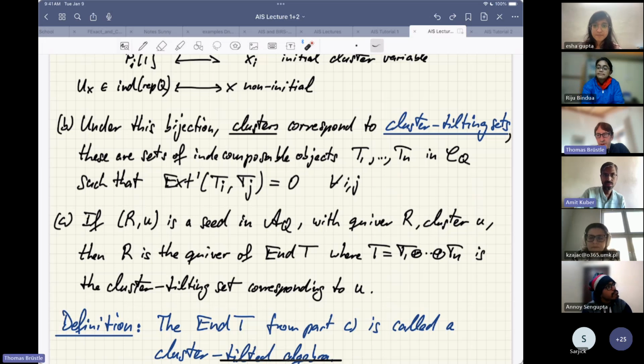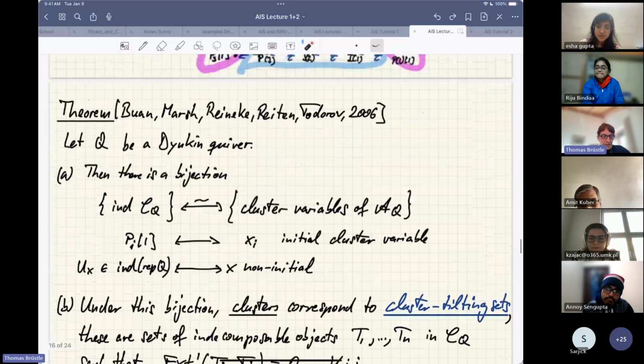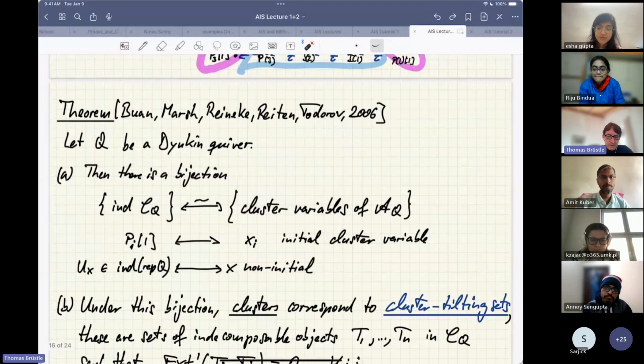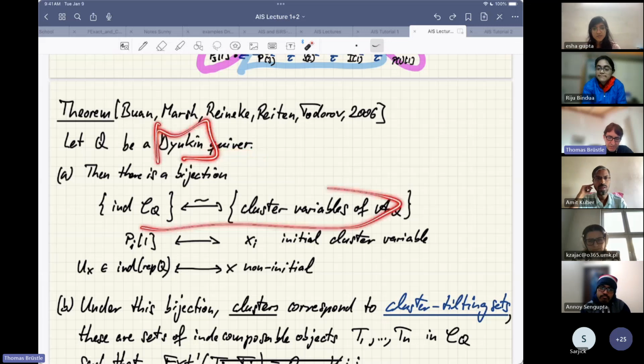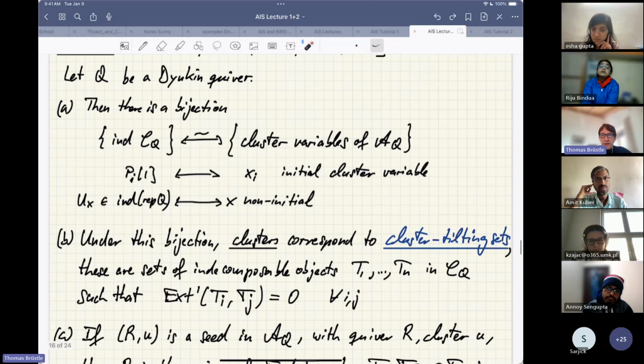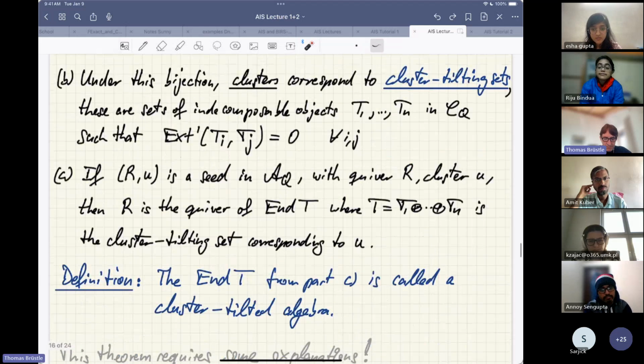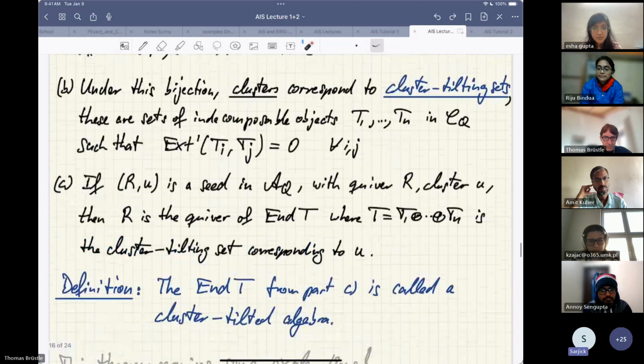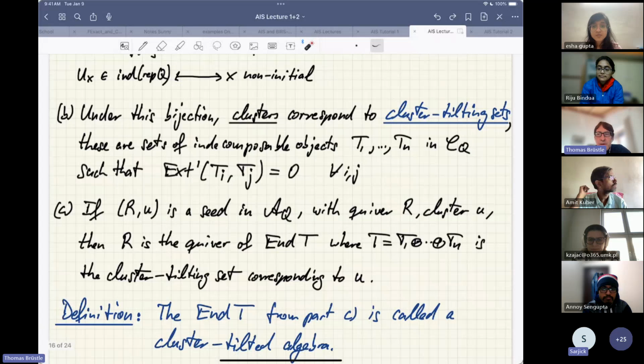So at this moment, this is really for quivers. The particular result about this bijection is for Dynkin quivers. I believe you also need the object T to be basic.